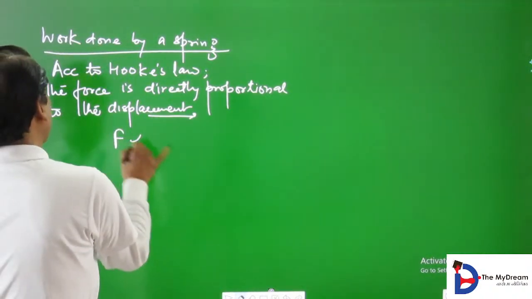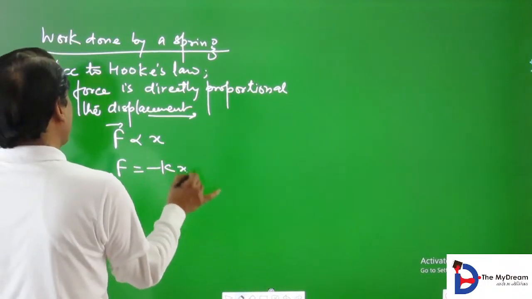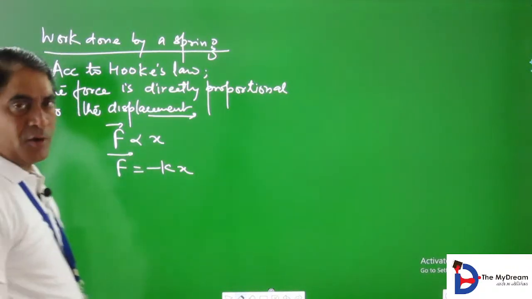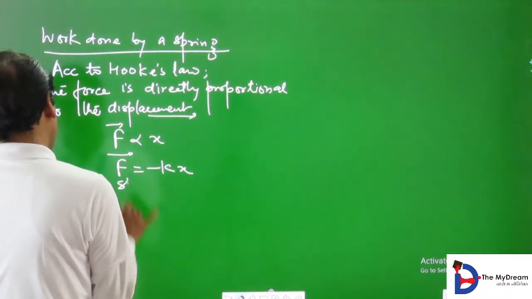F is directly proportional to this. As you replace the proportional sign, there is the force constant, or you can say spring constant, where k is the spring constant.